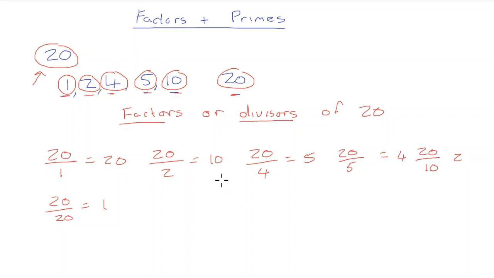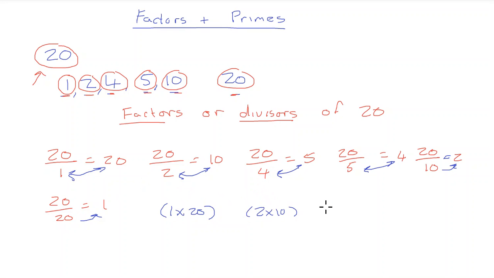Now another thing that you might notice as well is that you have these pairs here. If we write these out, you have 1 multiplied by 20. That's that first one here. You have 2 multiplied by 10.